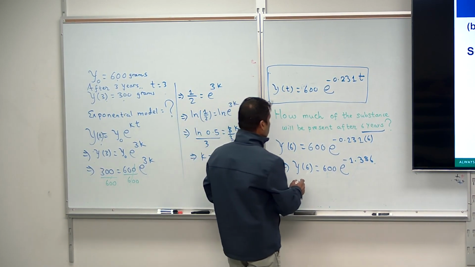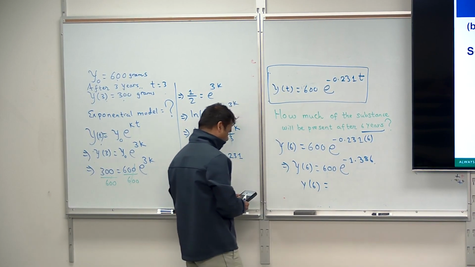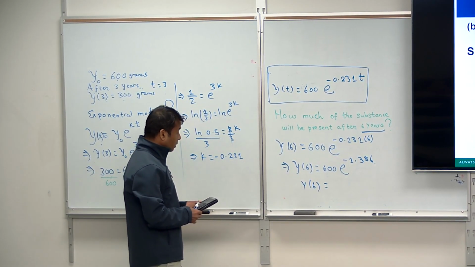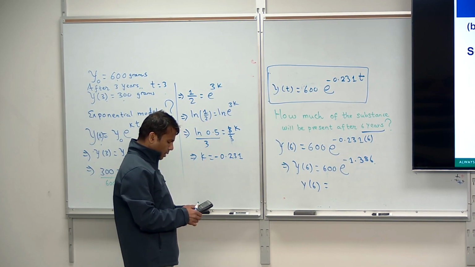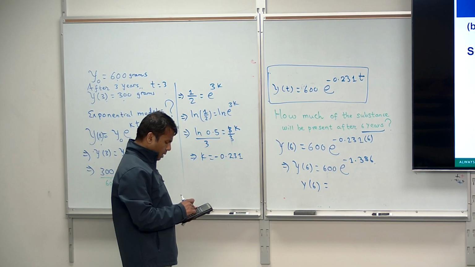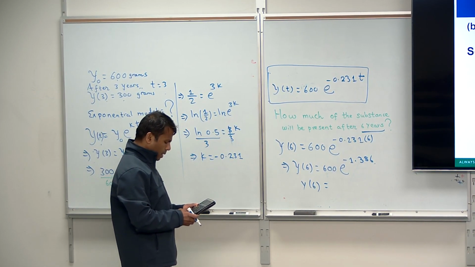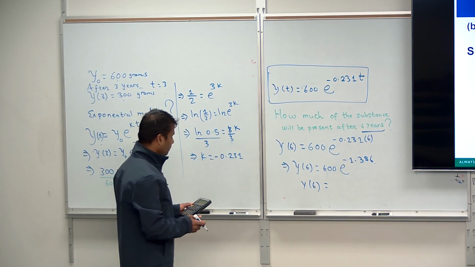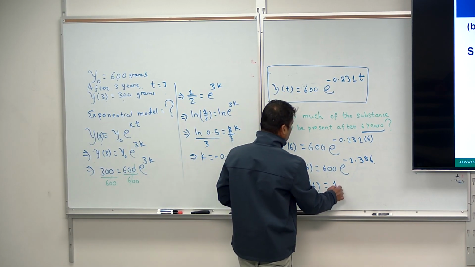So now use the calculator to evaluate this. So 600 times e to the power negative 1.386. So this is 150.04.